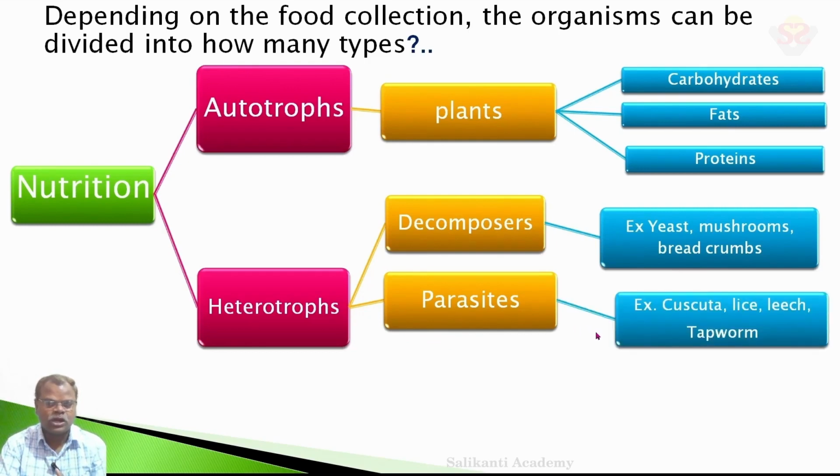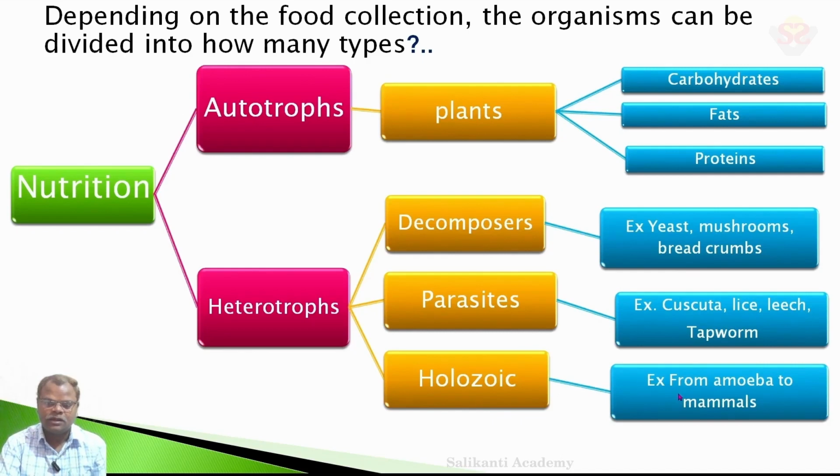Parasites examples are cuscuta, lice, leech, tapeworm, and the remaining organisms take their nutrients as holozoic. Holozoic nutrition, example from amoeba to mammals, from unicellular to multicellular organisms, take their nutrients by swallowing complete food. This type of nutrition is known as holozoic nutrition.